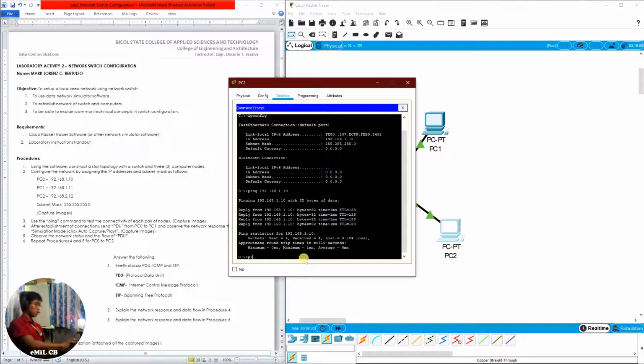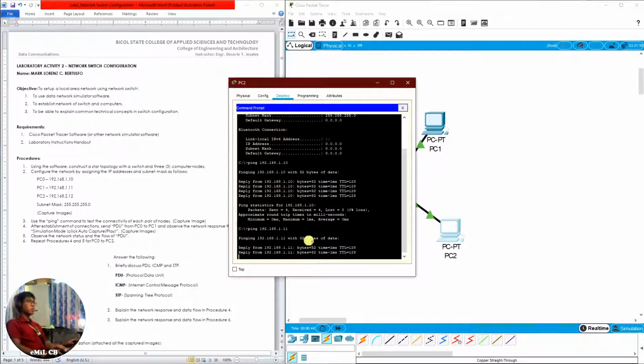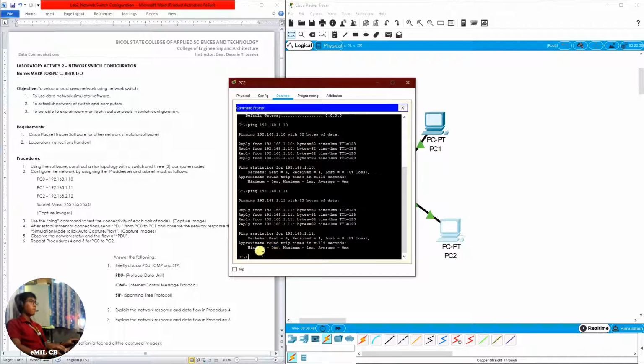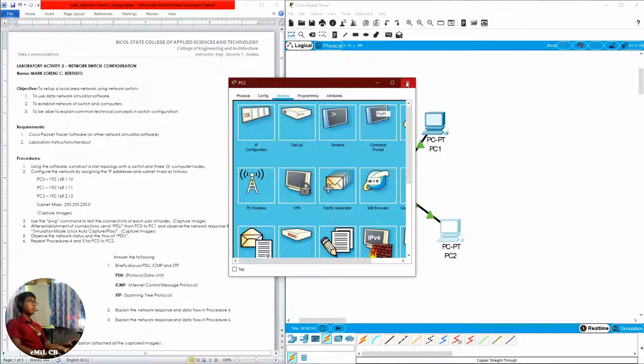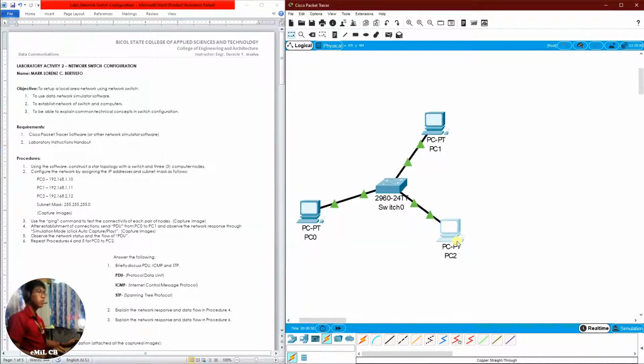Next, we are going to ping PC1 at 192.168.1.11. The ping statistics again say 0% loss, approximate round trip average 0 milliseconds. So we have seen that the connection of PC2 to PC0 and PC1 is good.